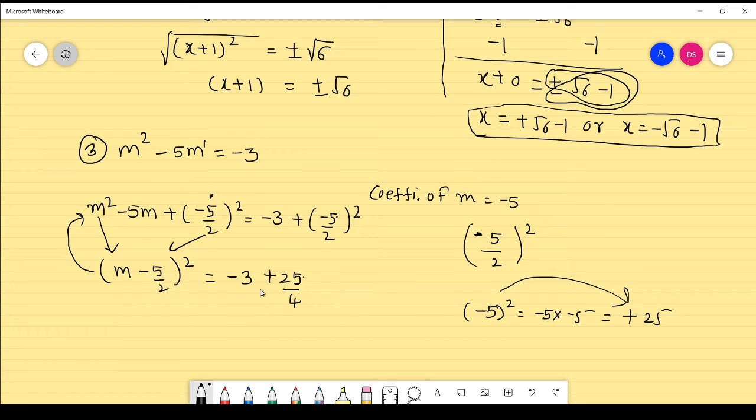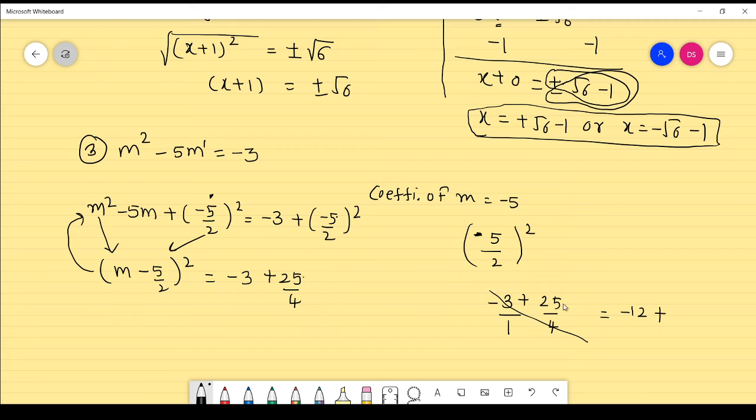Okay, now you can cross multiply this. So how to cross multiply this, right? I just need some space over there, right. So what is there: minus 3 plus 25 by 4. Now in the denominator of 3 nothing is there, that means 1. Now cross multiply: minus 3 into 4 is minus 12.